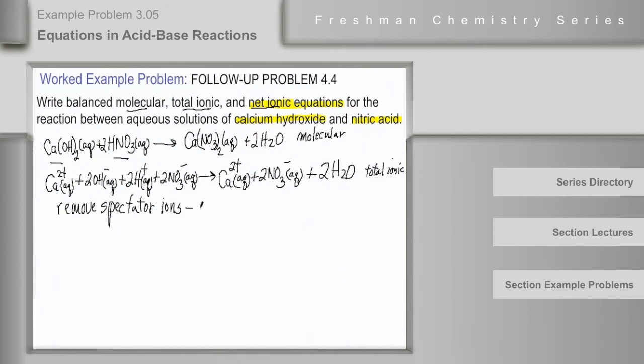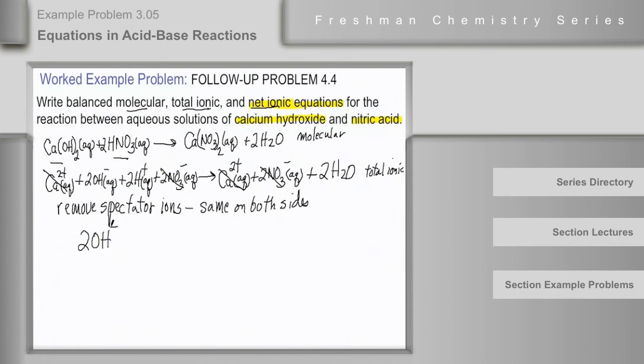The spectator ion is the same on both sides. So to get from the total ionic equation to the net ionic equation, we look for the things that are the same on both sides. Calcium ion, calcium ion. 2 nitrates, 2 nitrates.